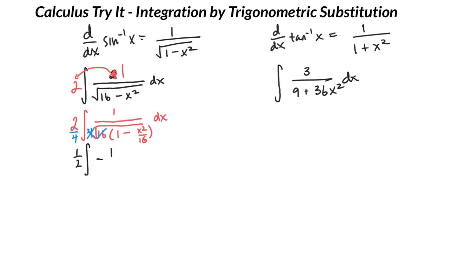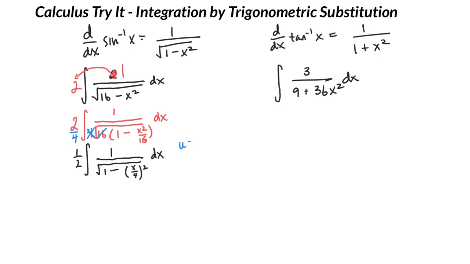Now that I've dealt with the numerator and I've got 1 minus, I'm going to aim to get something squared. So instead of writing x squared over 16, I'm going to think about taking the square root of each piece and saying that x squared over 16 is the same as x divided by 4 all squared. And now I'm going to use substitution.